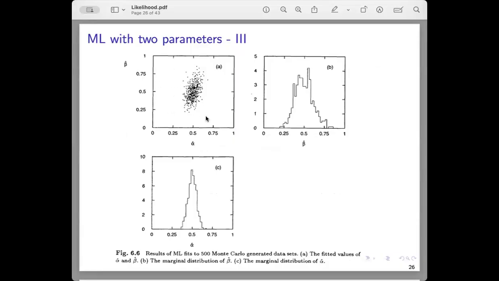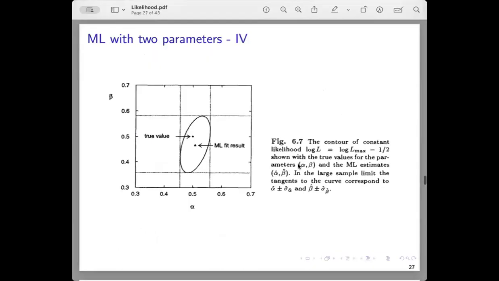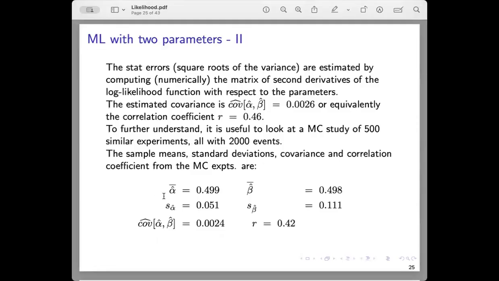This shows the distribution of these estimates of alpha and beta in two dimensions, and then their projections or marginal PDFs in one dimension. You can see that the marginal PDFs are almost Gaussian distributed. From there you can get the corresponding mean and the width, or sigma, of these distributions, which will give you the uncertainty on the alpha and beta estimates. Okay, so that's what is quoted here.